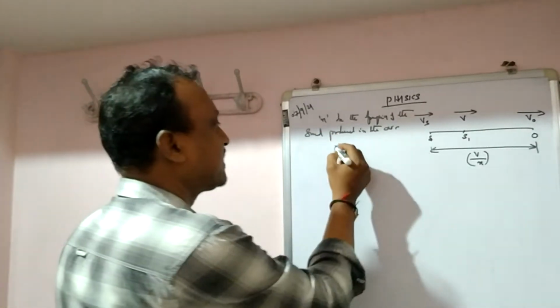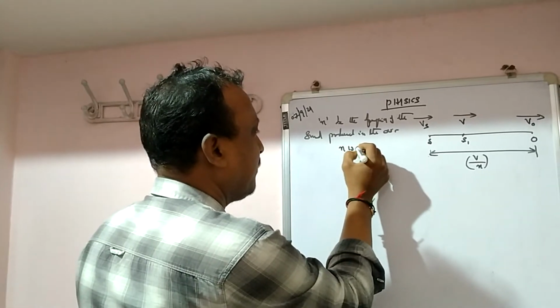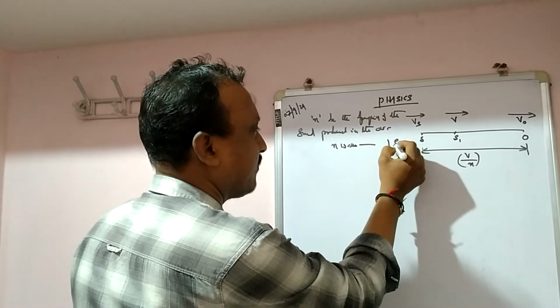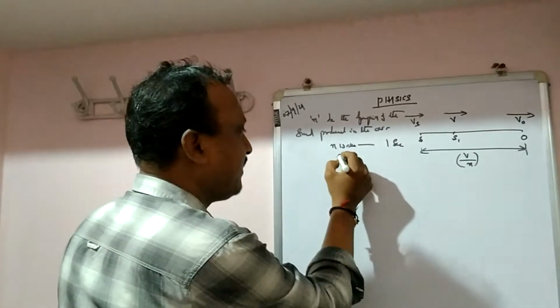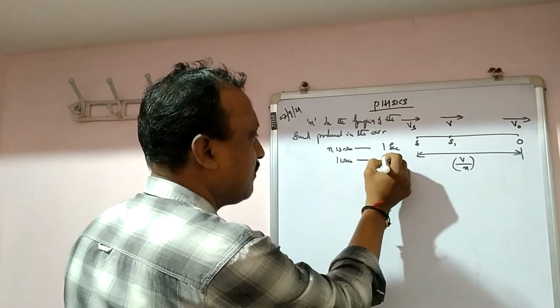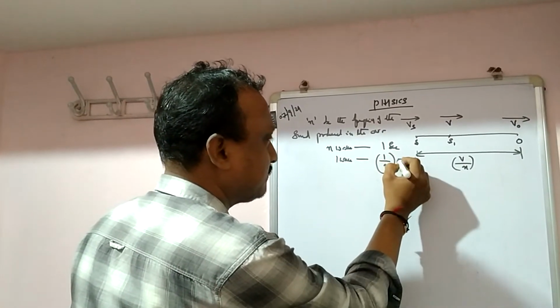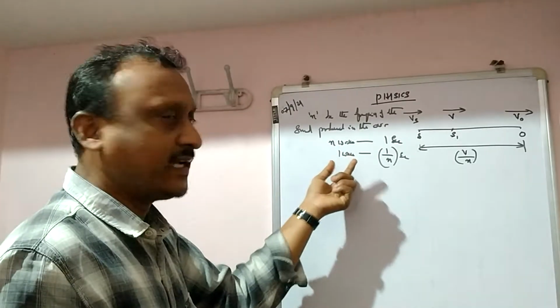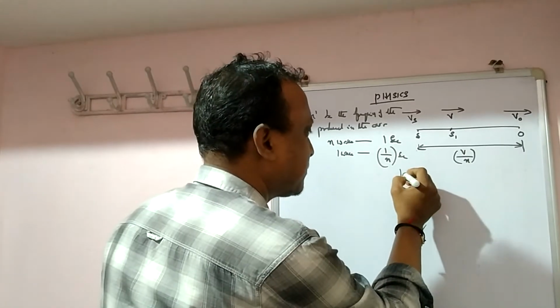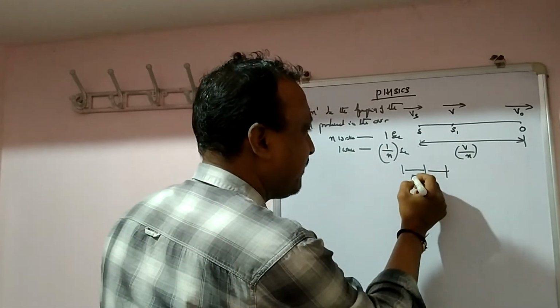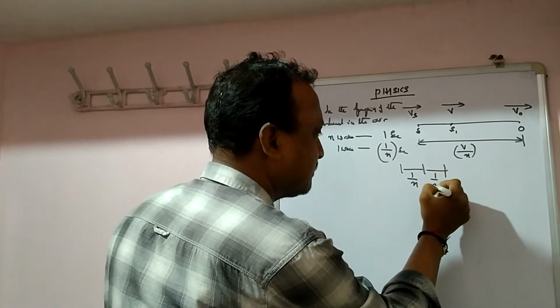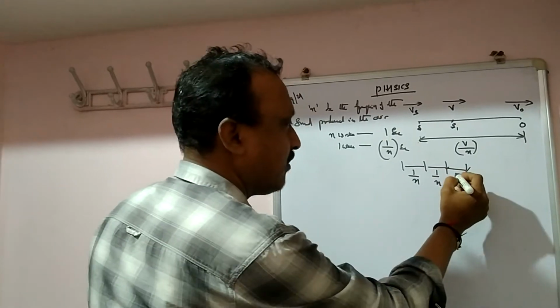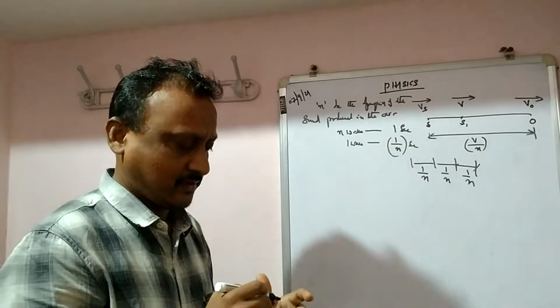So n is the frequency, which means it produces n waves in 1 second. So one wave is produced in 1 by n seconds. The time lapse between any two successive waves will be 1 by n seconds.